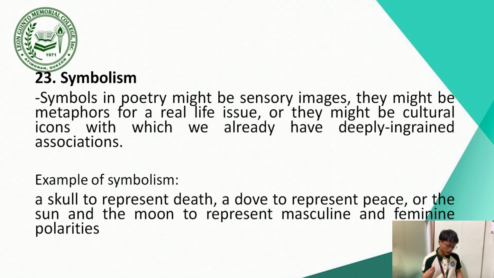So we looked at motifs earlier as recurring symbols in a poem. Not all symbolism is recurring, but all of it should support what the poet is trying to say as a large whole.